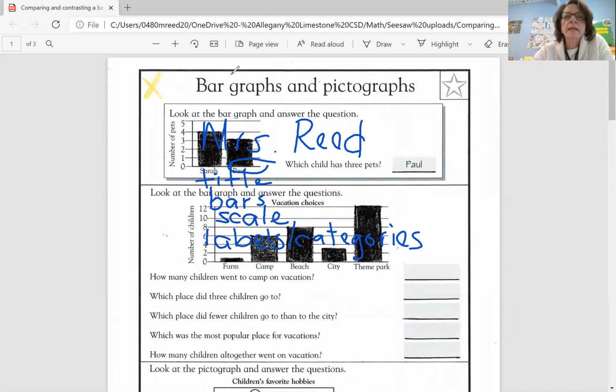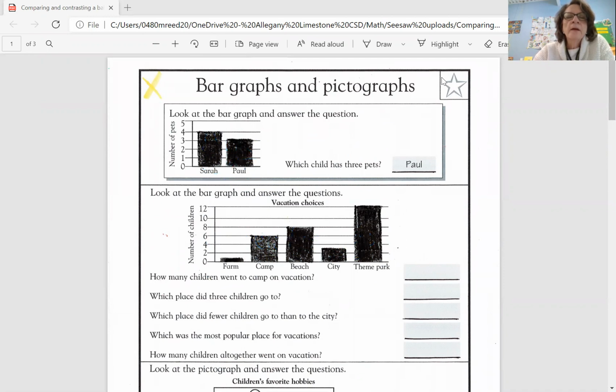Okay, so when we look at this, I'm going to clear my drawings, and I'll go back and retype them because I want to be able to show you. So again, we have the title, the vacation choices. Oh, the vacation choices, why is that not working for me?